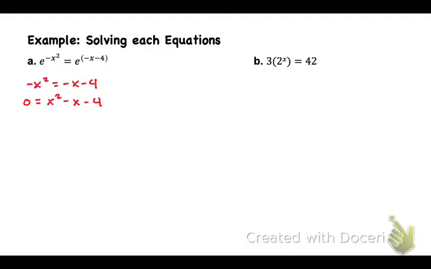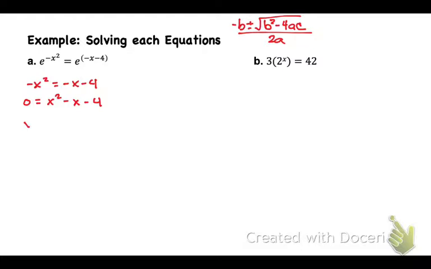You have to use what? Quadratic formula. Negative b plus or minus the square root of b squared minus 4ac all over 2a. Factor it, great, but it didn't factor, so I have to use the quadratic formula.